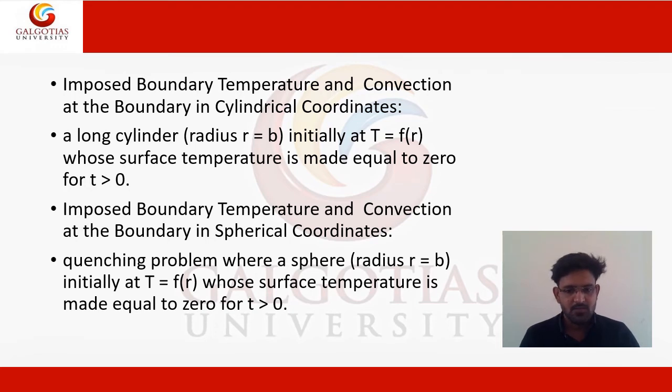Now the boundary condition is going to be of this type in this problem. In spherical coordinates, if I want to impose this boundary condition, the quenching problem is where a sphere of radius r equal to b, initially at T equal to F(r), has its surface temperature made equal to 0 for t greater than 0, and we are considering a sphere with initial temperature T(r) equal to F(r) and dissipating heat by convection into a medium at its surface r equal to b.